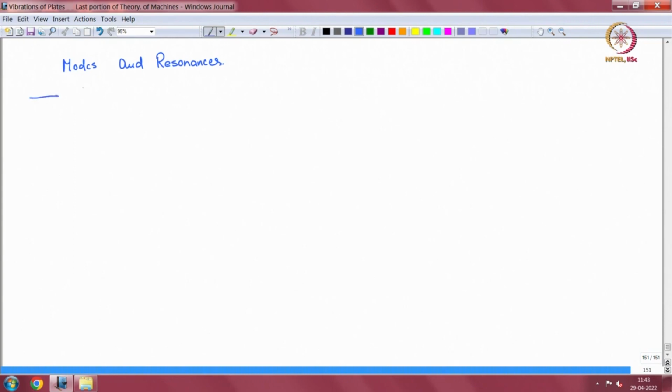We found them either in some exact sense right from the partial differential equation or in an approximate sense using Rayleigh ratios. Now once we have the mode shapes and the resonances, we can go for the forced response.